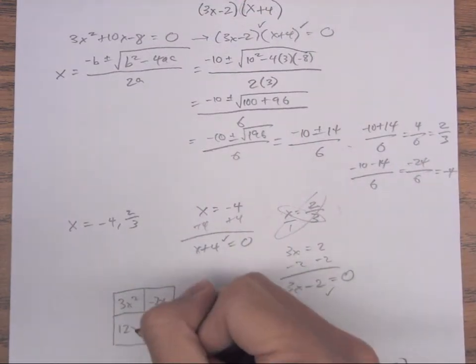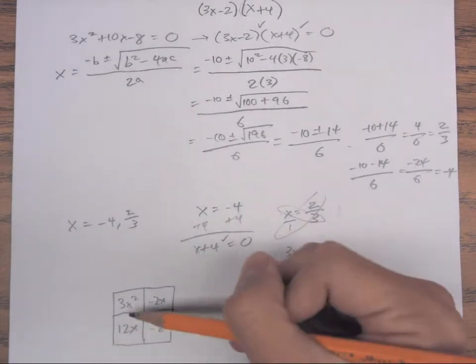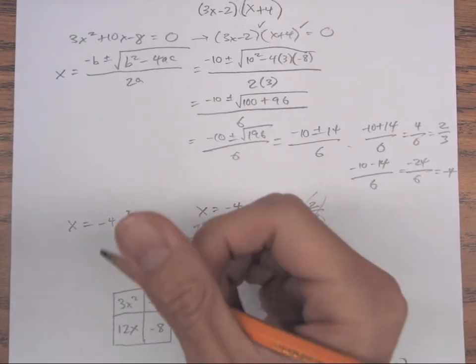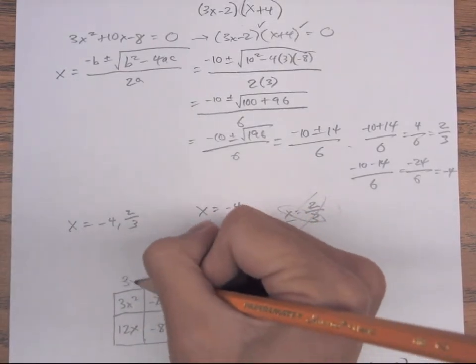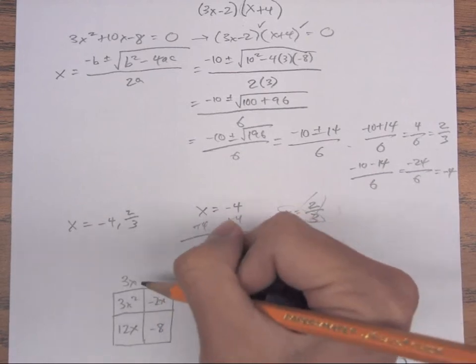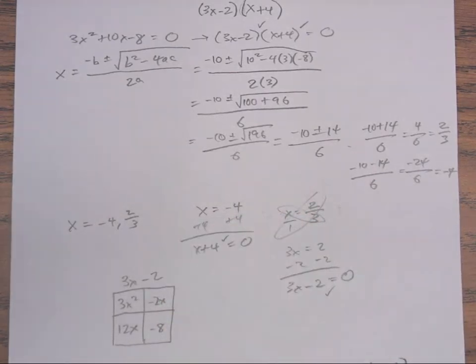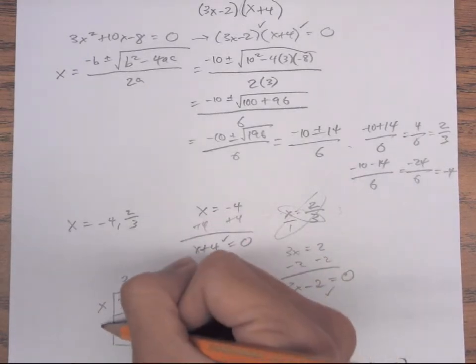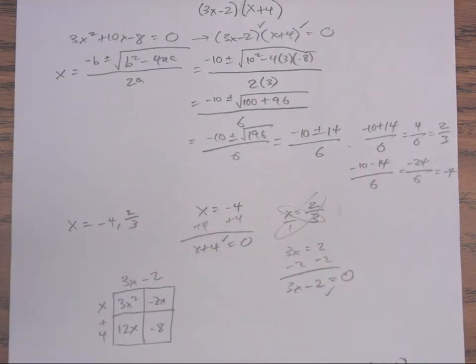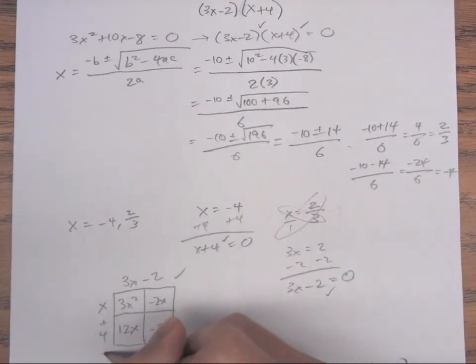This is going to be 12x. In this column here, I can pull out a 3x. In this column here, I can pull out a negative 2. In this row here, I see an x that is shared between both. In this one here, I see a positive 4 that is shared between both. Ta-da! And that also works.